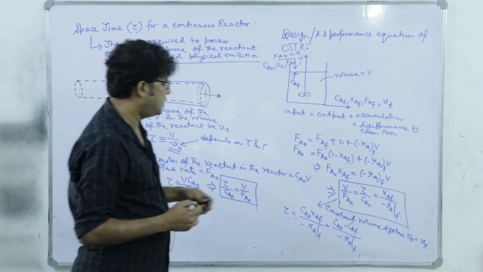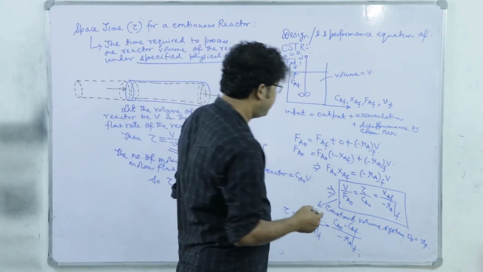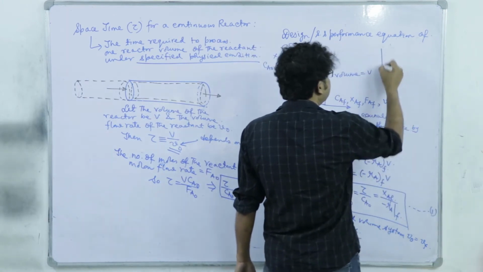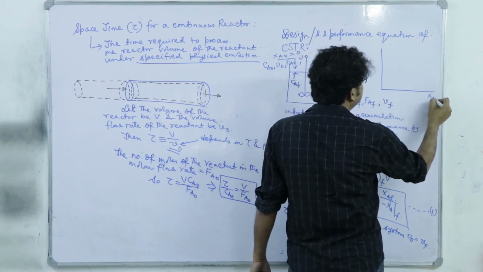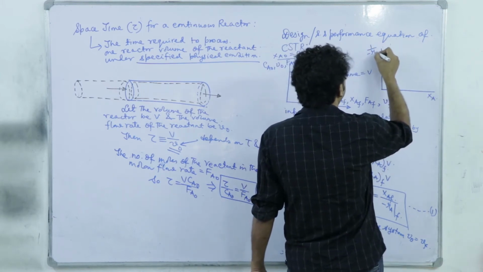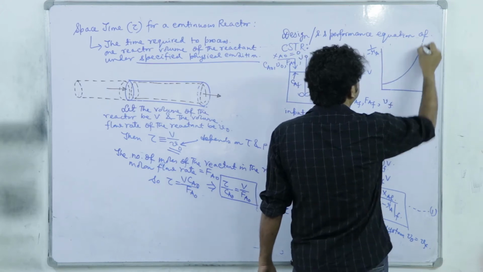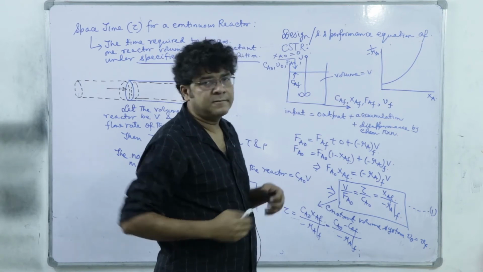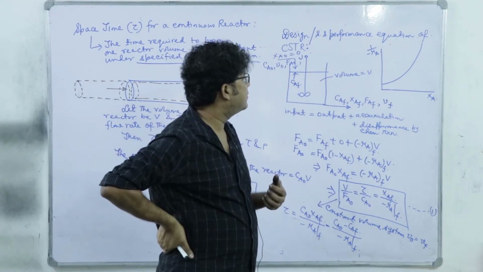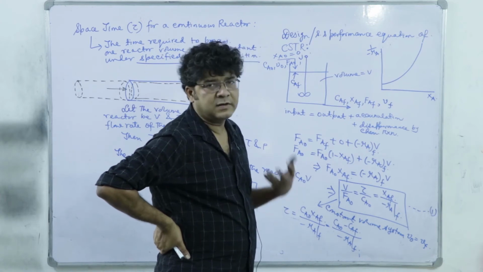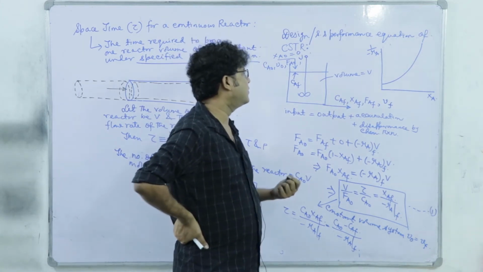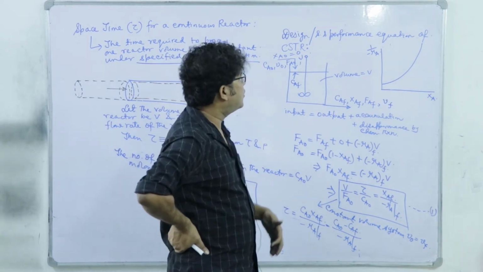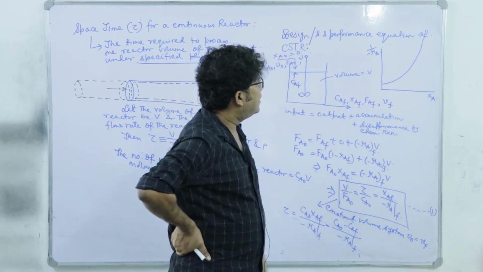We have a graphical interpretation as well for this design equation. Let us say this is equation 1. Here we have Xa, here we plot 1 by minus Ra, and generally for a positive order reaction it will be like this. Why? Because Ra has a monotonic relation with concentration, just like for a first order reaction minus Ra is proportional to Ca.